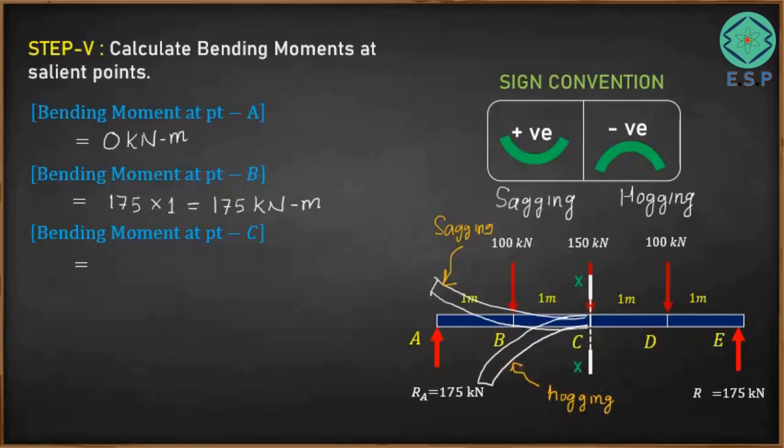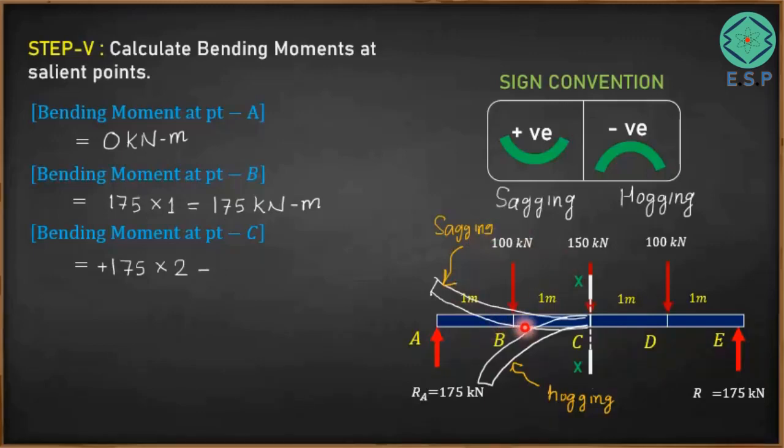So now the bending moment at point C due to this particular force is going to be 175 kilonewton times the distance, which is 2 meters. So this is going to be 175 into 2 meters, and the shape is sagging, so it is positive. Then in the second case, due to 100 kilonewton, there is going to be hogging of the beam, so it is going to be negative.